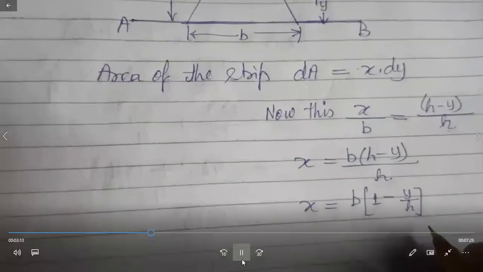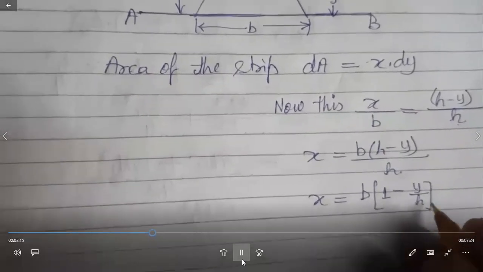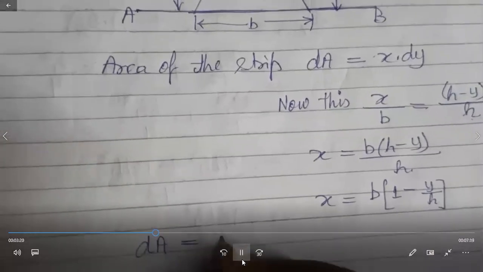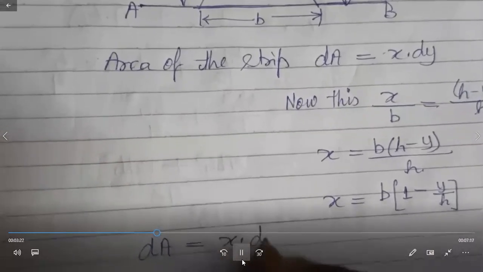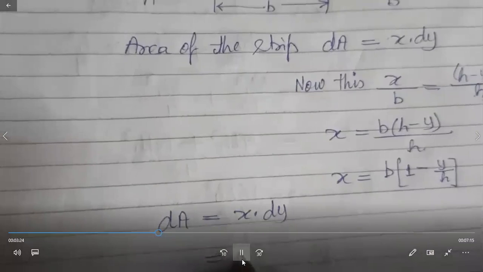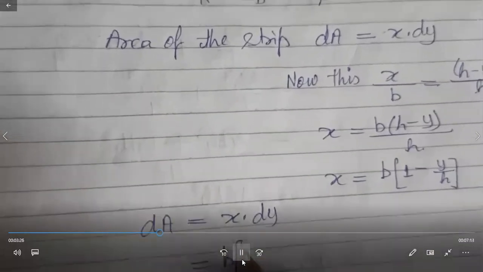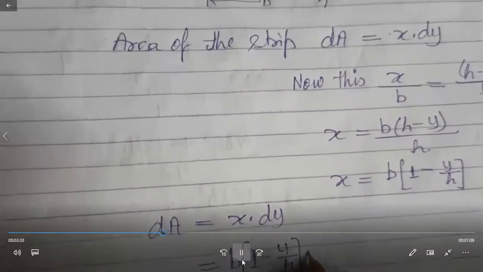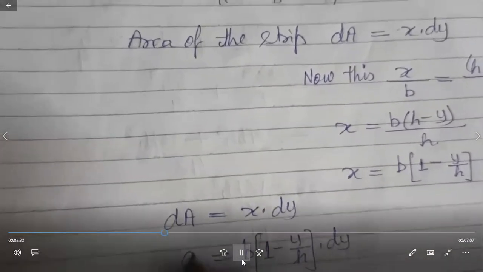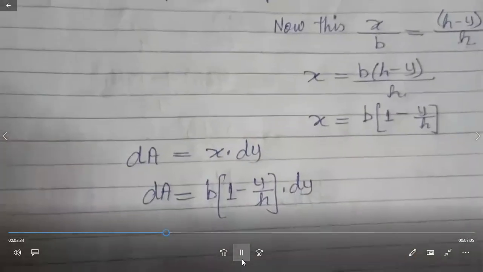So now putting this x in the formula of area dA, x into dy, this is equal to b into 1 minus y upon h into dy. This is the area dA.